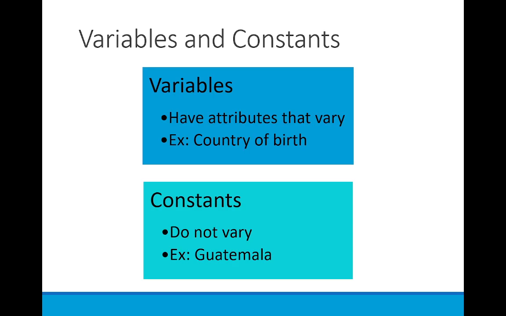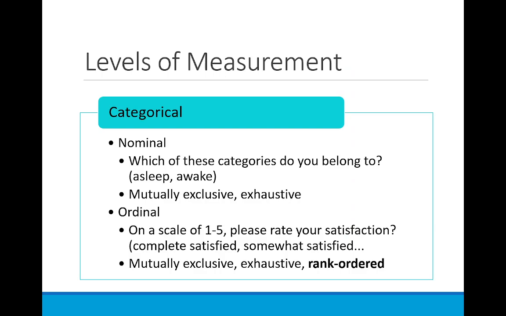Things like where you're from, we're all a little bit different where we're from perhaps, age, gender, race, and anything that's changeable in a social situation can be an independent variable. A constant is anything that's the same for all of us. Usually we're human, right? Or if you're doing a survey at UTA, we're all at UTA. So a constant is something that doesn't change.